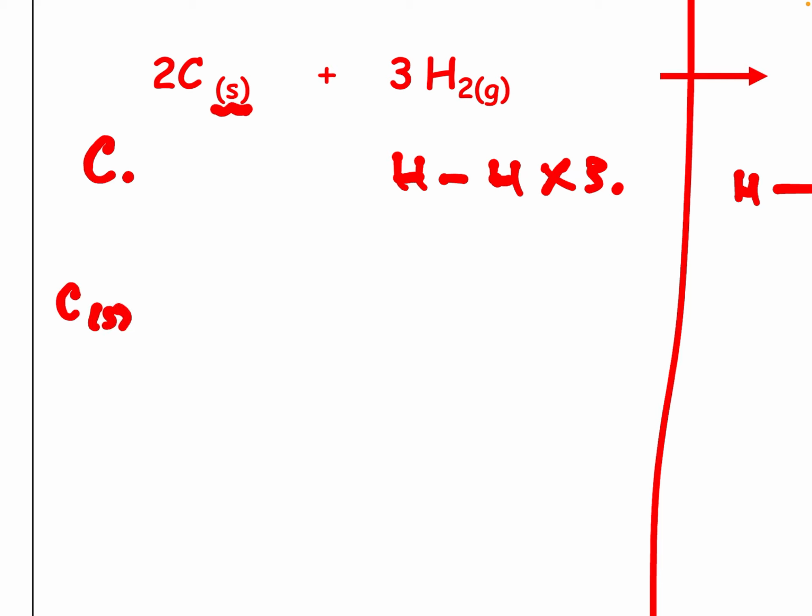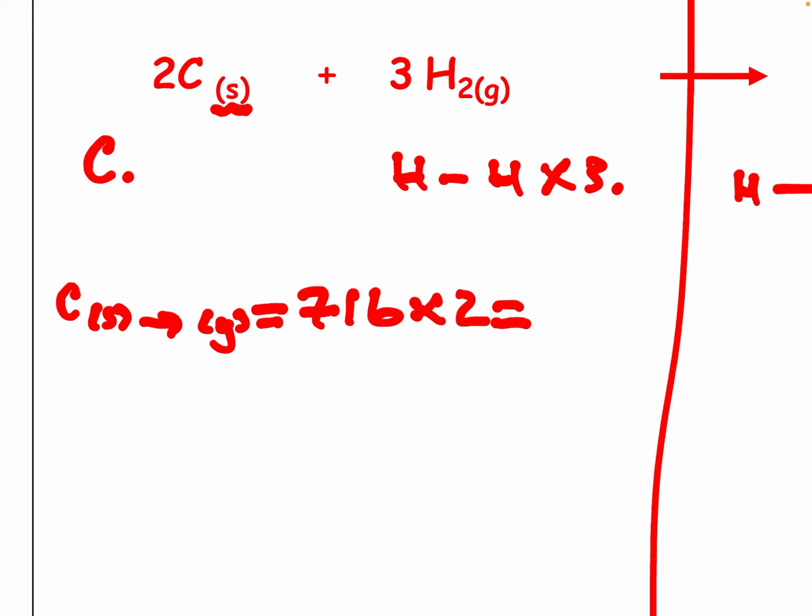So C(s) to C(g), the enthalpy of sublimation is going to be 716. But because it's 2 moles of carbon that's been sublimed, you have to times that by 2. That's going to end up being 1,432 kilojoules.